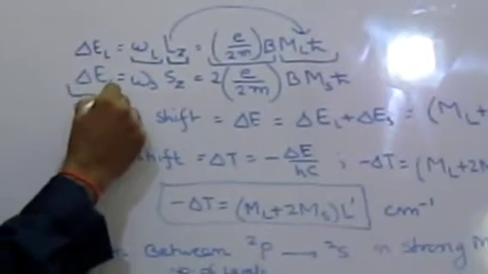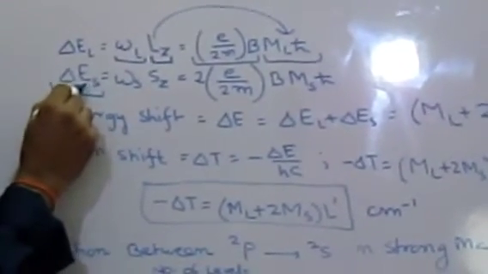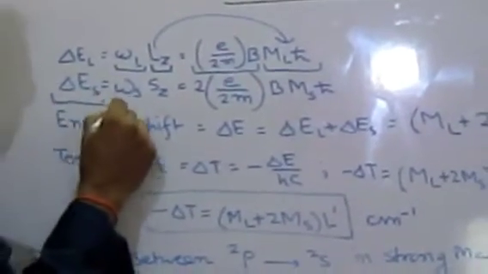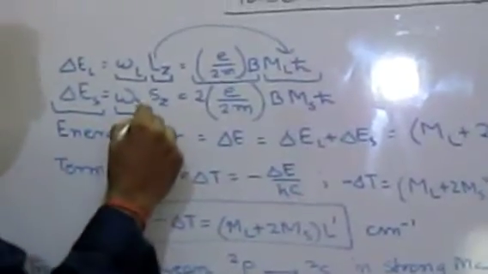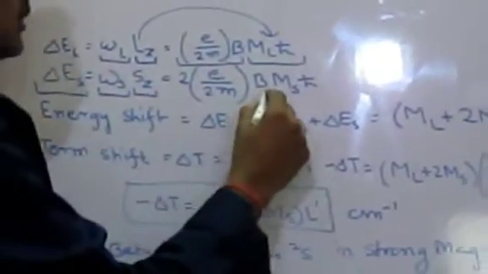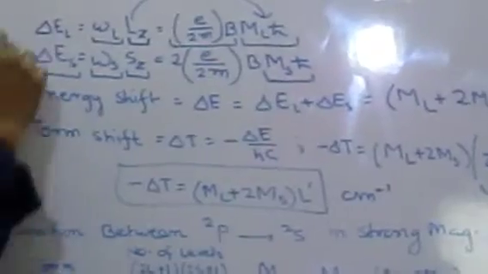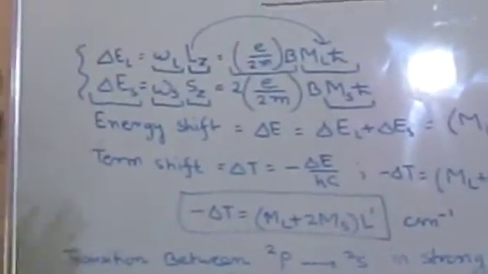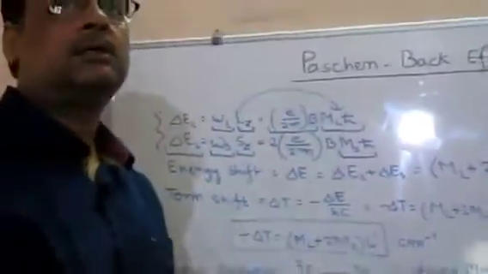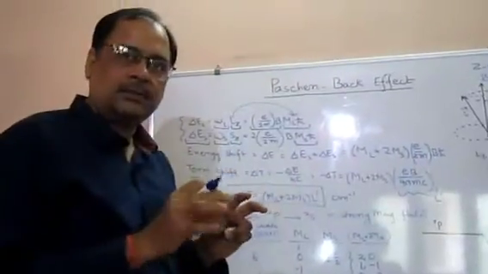Similarly, separately we can write due to the spin angular momentum, omega S and then Sz, which is MS h cross. So these are the two expressions. There will be a combined effect of these two energy shifts together.